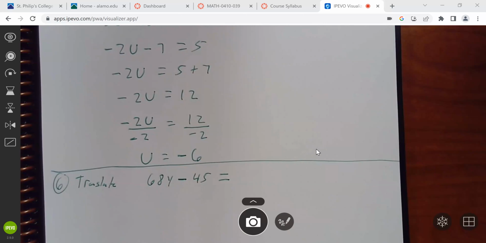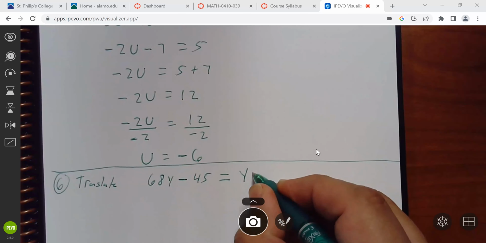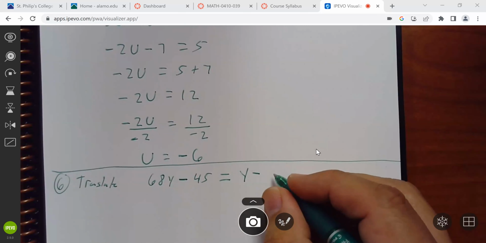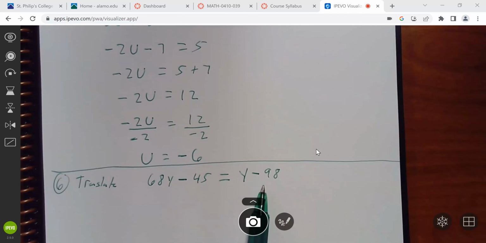So if you said 98 less than a number, what does that mean? Is the y first or second? Second. Y minus 98, because that number is 98 less than, it's subtracted.